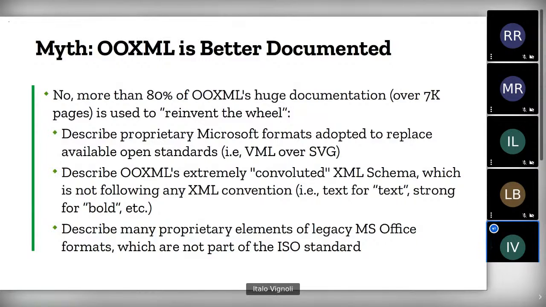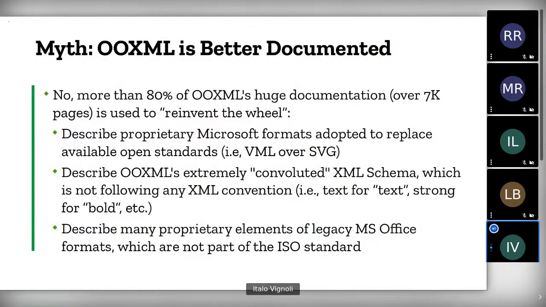Of course, ODF doesn't need to add the vector graphic description, because that is already a standard, SVG, and that already has a description. It is also used to describe the incredibly convoluted XML schema, which is not based on any XML convention. For instance, text is used for text.